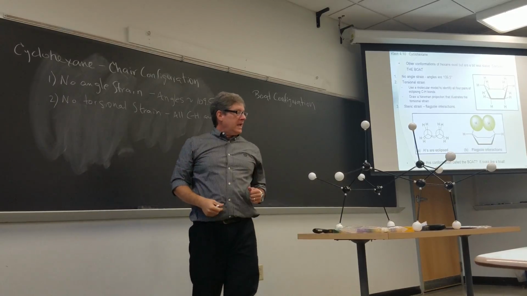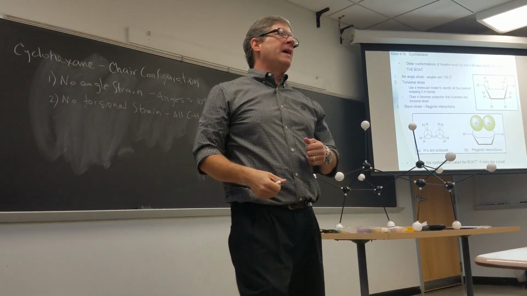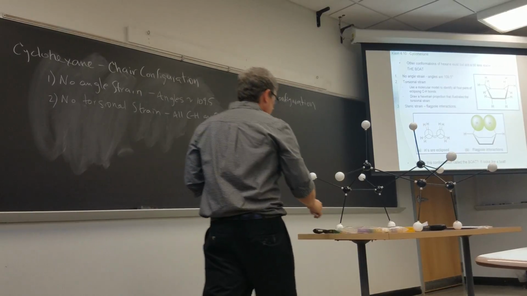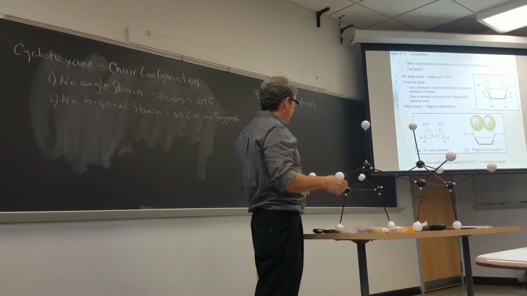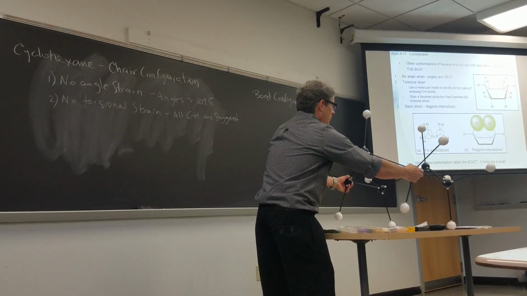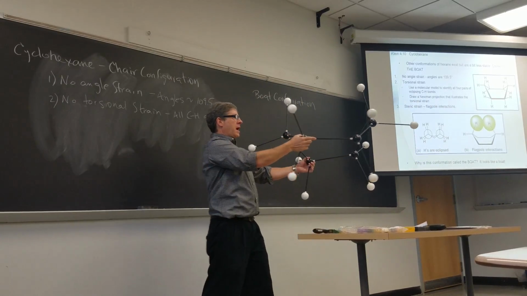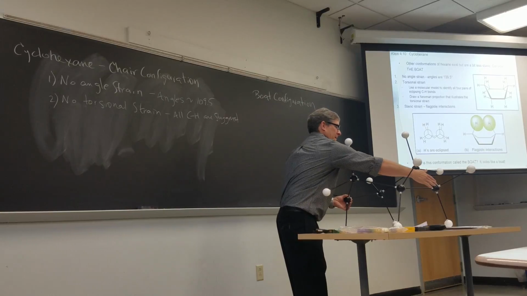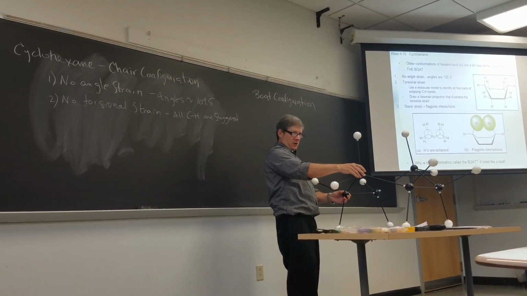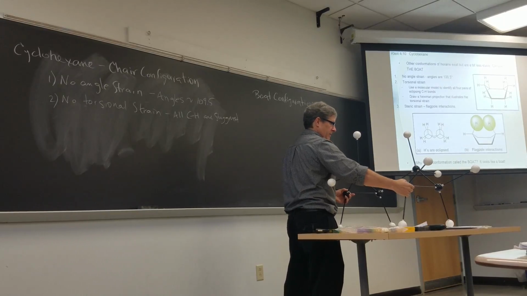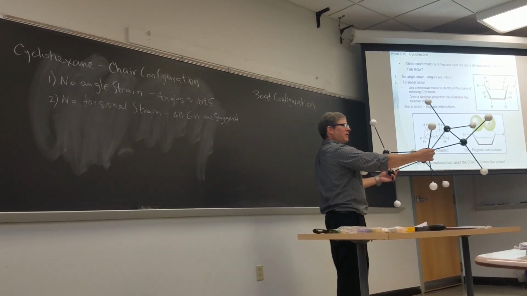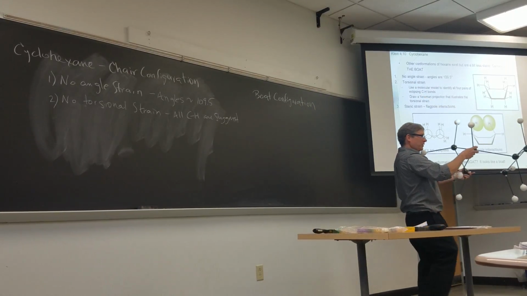Now this one isn't as stable as the chair. In fact, it's a lot less stable than the chair. Because if we look at this one, while the angles are all pretty close to 109.5, if I look down the bonds on the side of my boat, right? So this is maybe the bow, and this is the stern of the boat, and then I have the left side and the right side, the port side. What's the other one called? I forget. Anyway, starboard. Yeah.